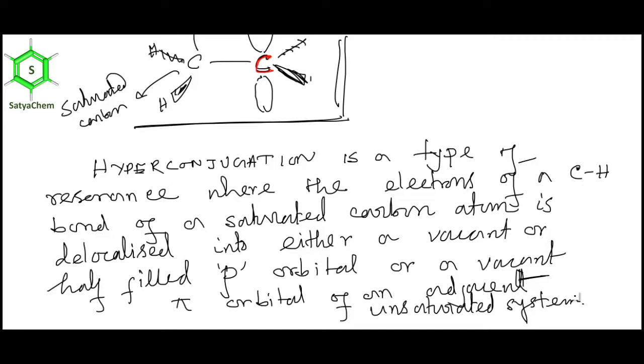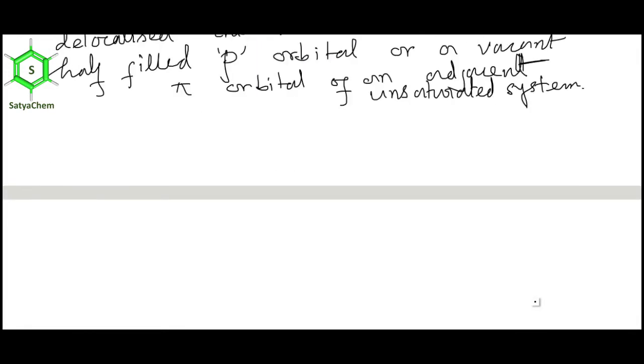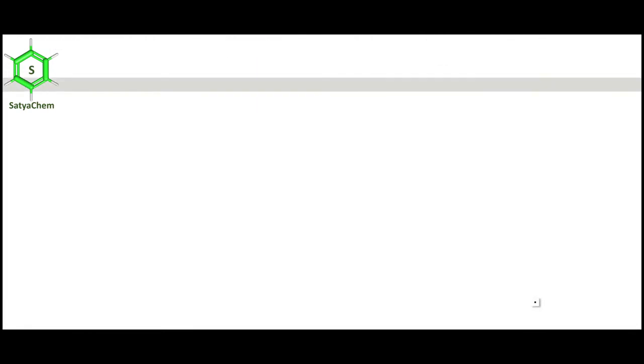It says that hyperconjugation is a type of resonance where the electrons of a CH bond of a saturated carbon atom are delocalized into either a vacant or half-filled p orbital or a vacant pi orbital of an adjacent unsaturated system. Take a carbocation, where a saturated carbon containing a CH bond is attached to the positively charged carbon that has a vacant p orbital. It is this type of system.